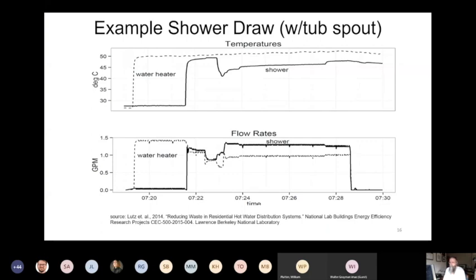It's almost 50 Celsius, and the flow rate is up at 1.4 gallons per minute. This is as it's leaving the water heater. It takes until just before 7:22 for the user to turn on the shower.